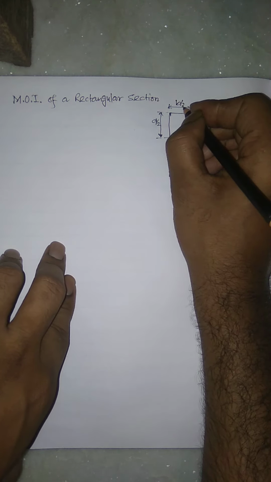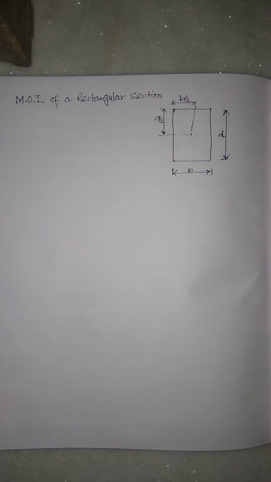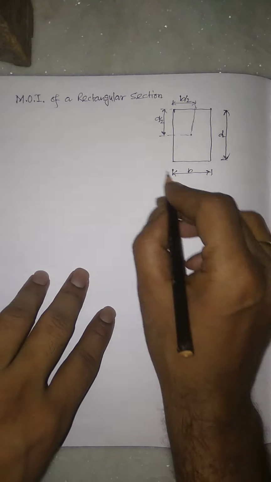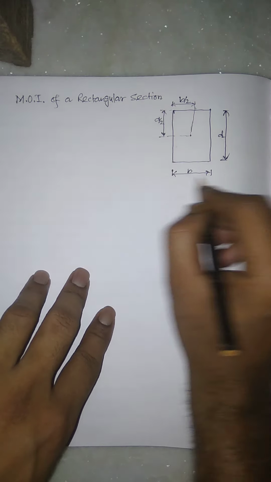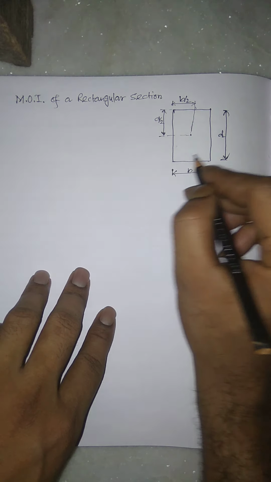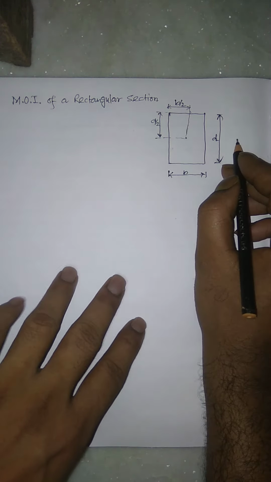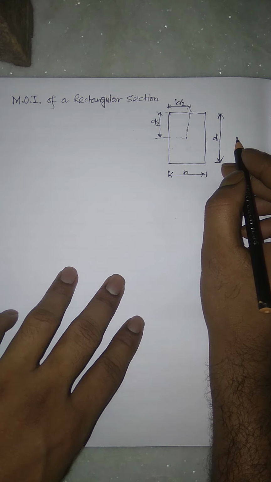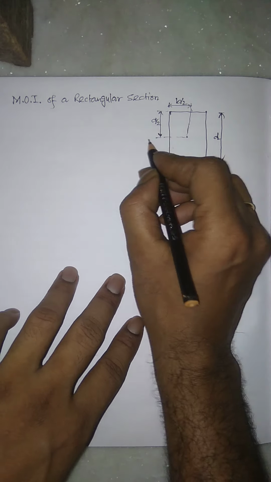Now we have to find out the moment of inertia of this rectangular section about an axis which is parallel to its base or parallel to its depth, which passes through its CG.